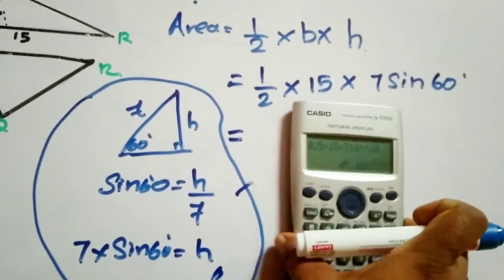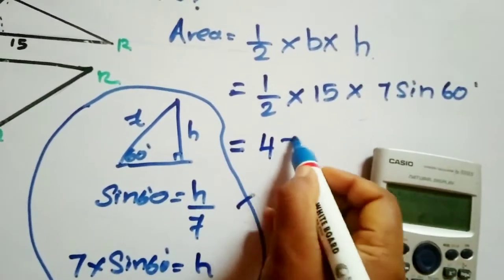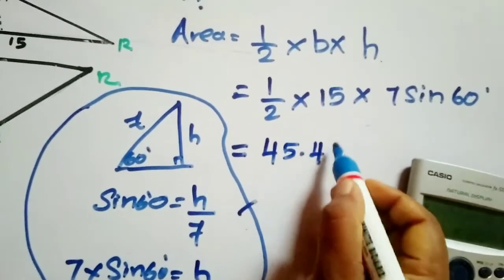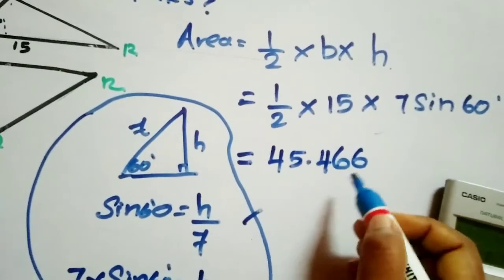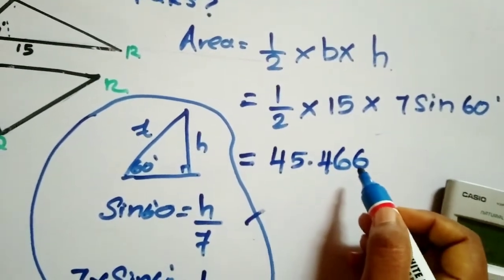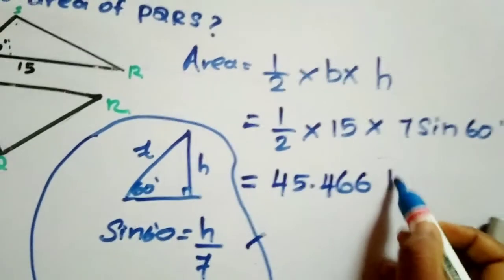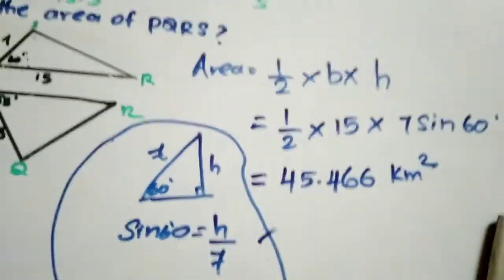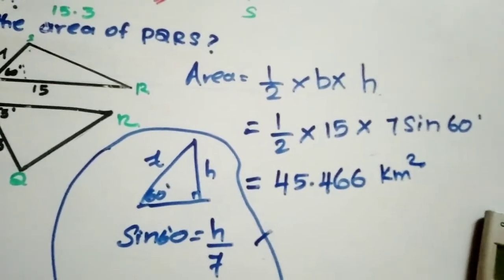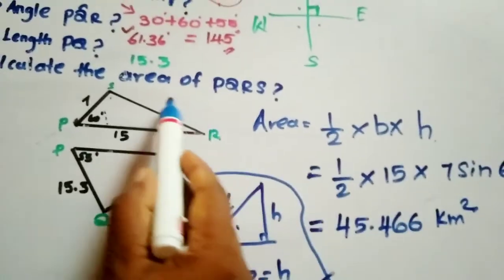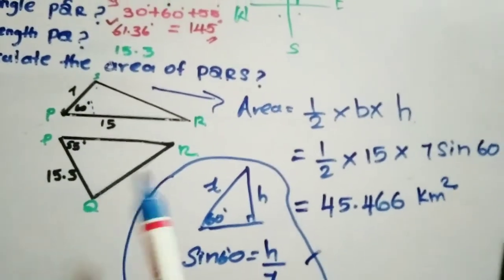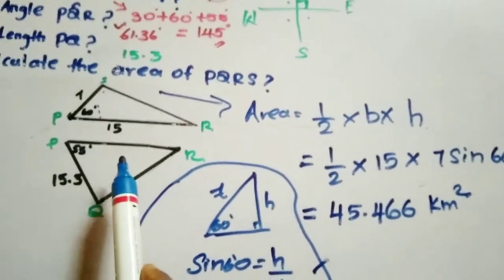The value of this is 45.466. The unit of area is kilometer square because the lengths are in kilometers. The first one we finished.